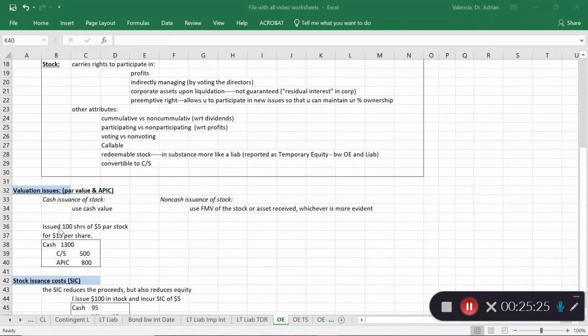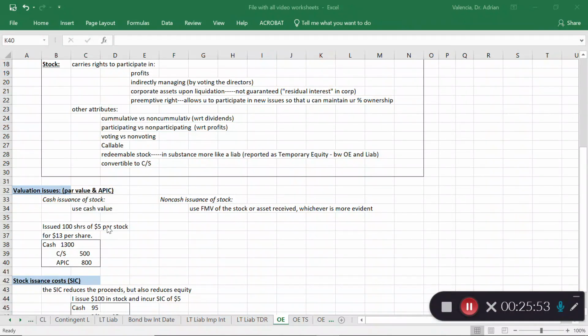Assume that I issue 100 shares of $5 par stock for $13 per share. I haven't talked about this par idea, but let's just talk about it real quick. Each share in general has a value attached to it, a par value, meaning it has something to do with the minimum legal capitalization that a company should have in their balance sheet.